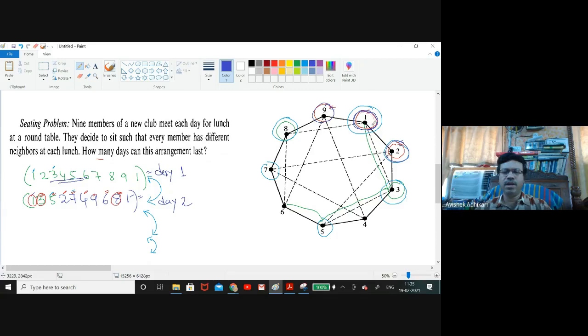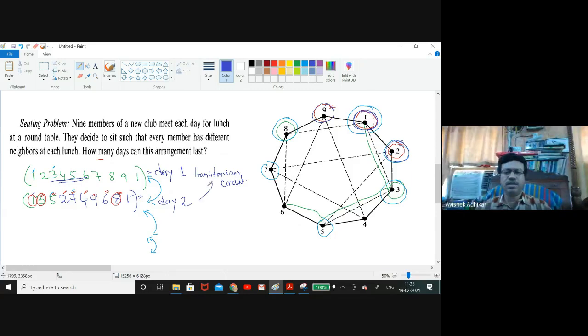So this is a Hamiltonian circuit. Now let's see whether this one, 1, 3, 5, 2, 7, 4, 9, 6, 8, again 1, is also a Hamiltonian circuit. Yes, it is.